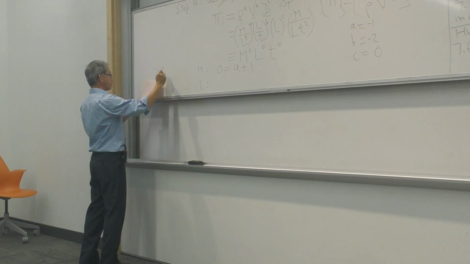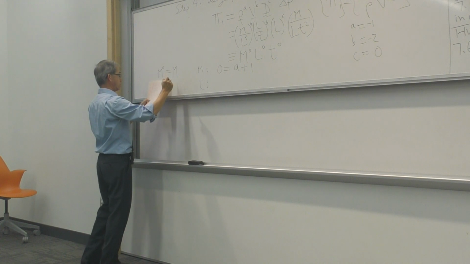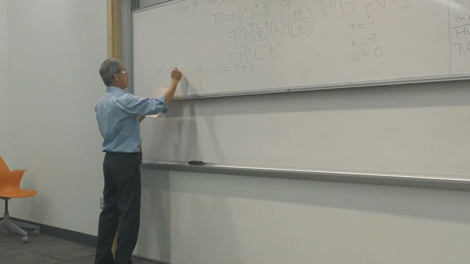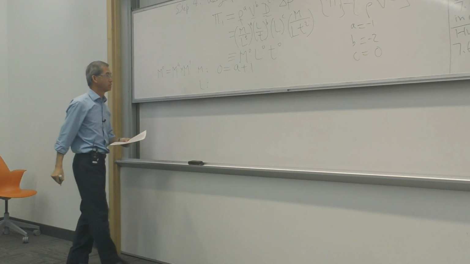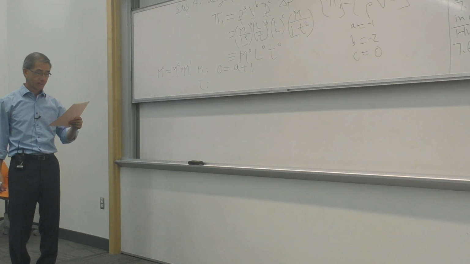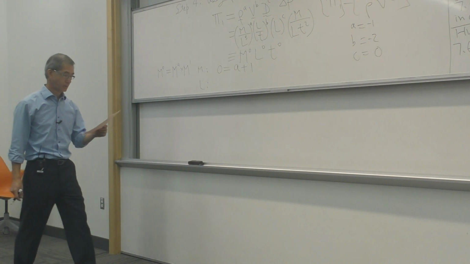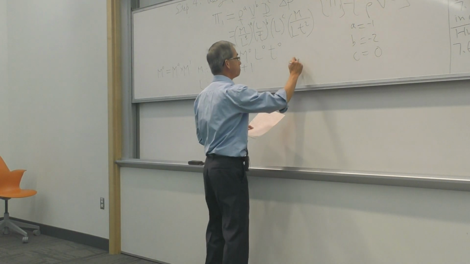So I have mass raised to the power 0, it's equivalent to the mass raised to the exponent A, and also mass appears as unity. So this tells me A is -1.